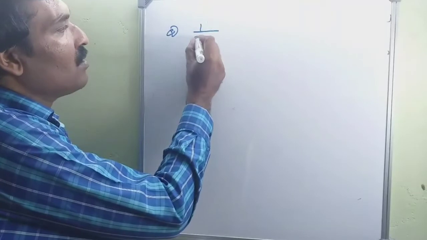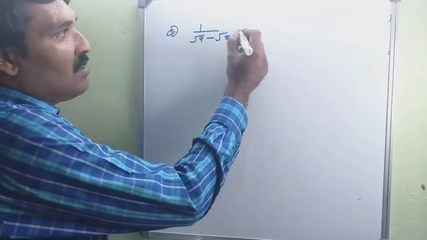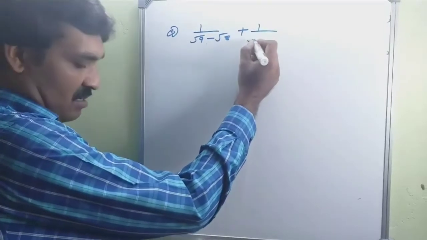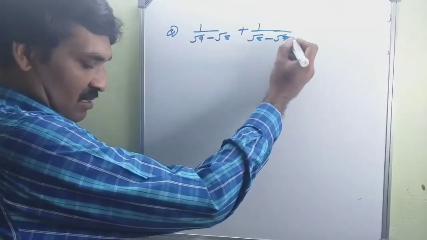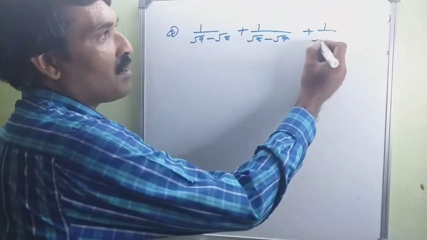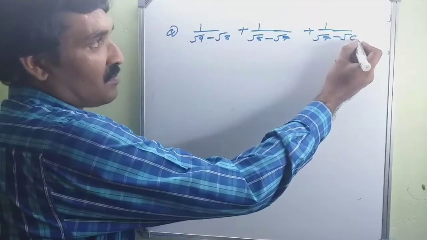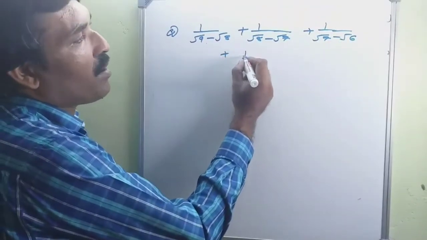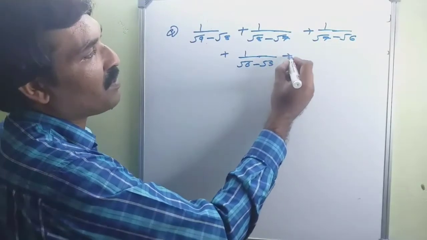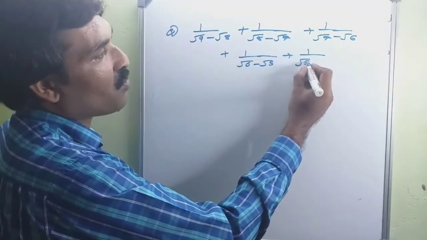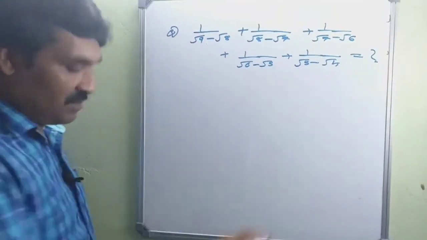Next: 1 by root 9 minus root 8 plus 1 by root 8 minus root 7 plus 1 by root 7 minus root 6, plus 1 by root 6 minus root 5 plus 1 by root 5 minus root 4 is equal to the question.